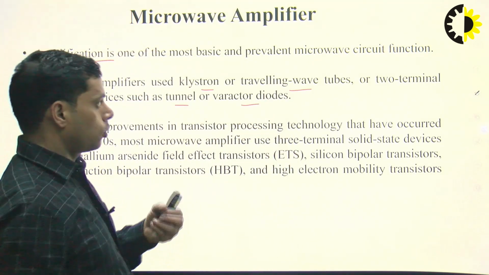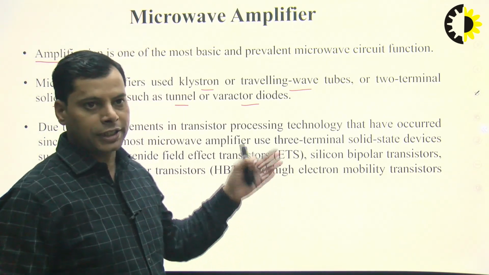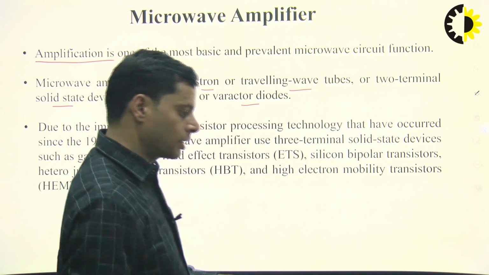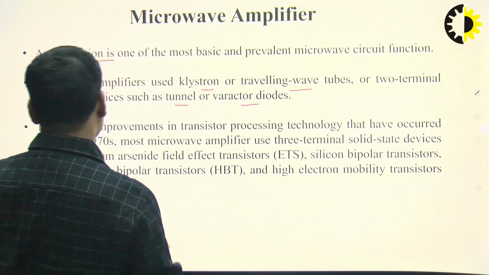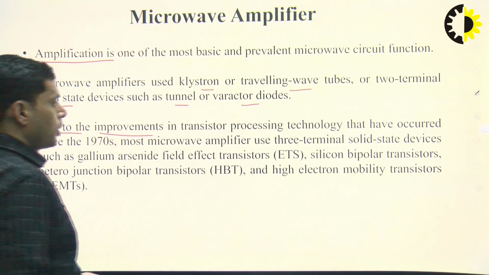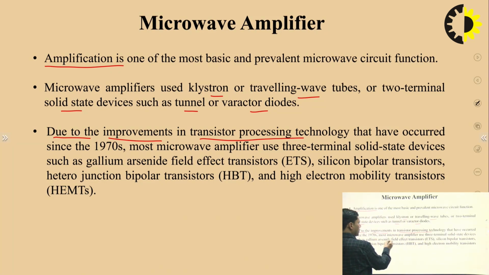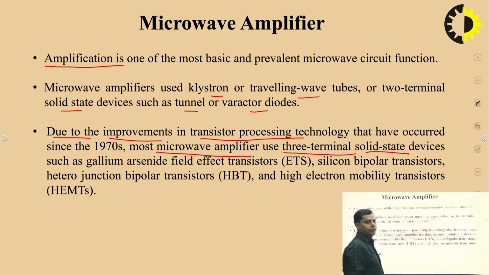Examples are the klystron or traveling wave tube, which also come under the category of microwave generation sources. Due to the improvement in transistor processing technology since the 1970s, most microwave amplifiers use solid state devices, but these are three terminal devices.